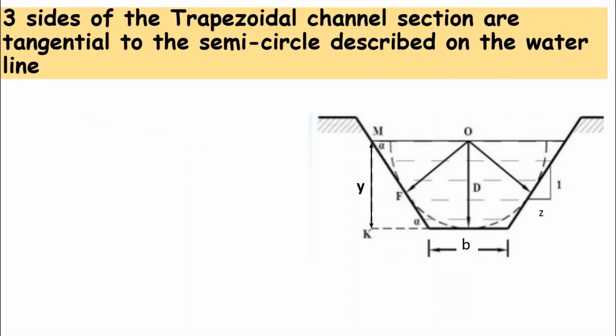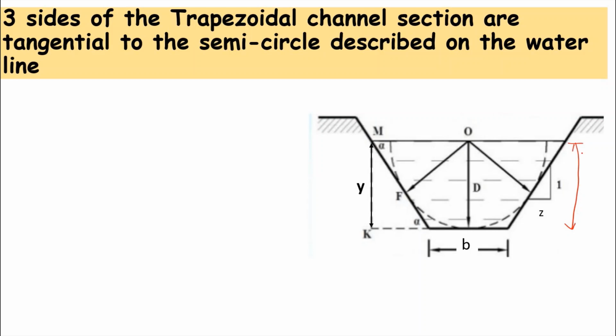And there is one more condition for a trapezoidal channel to be most economical. That is, when we draw a semicircle, keeping its center at the midpoint of the top width of this trapezoidal channel, and the radius of this semicircle is equal to the depth of the channel.